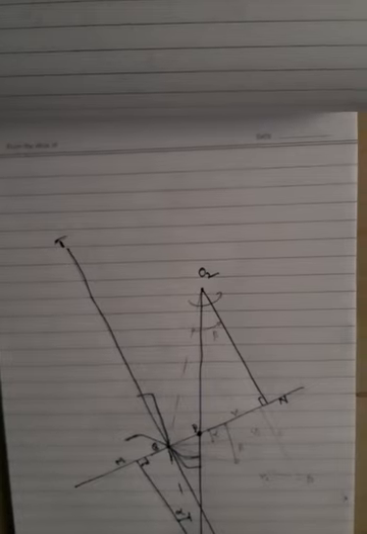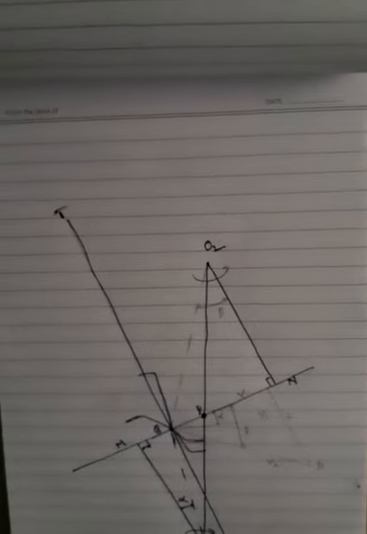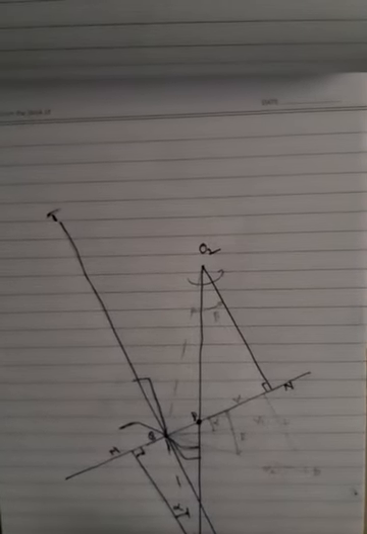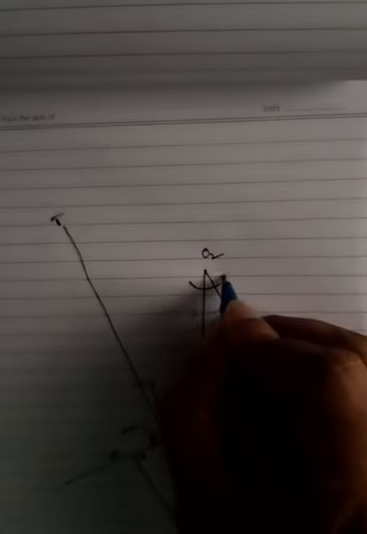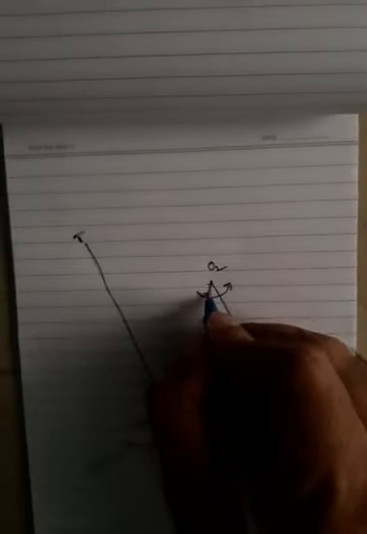We should consider the pinion rotating in the clockwise direction. When the pinion rotates clockwise, the gear will rotate anti-clockwise. And now let us join O2 to Q.